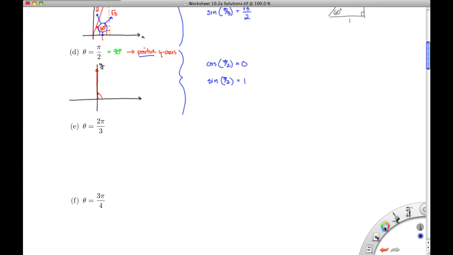Okay, part E. So we've got 2 pi over 3, which if we wanted to, we could convert into degrees, and we know that that's going to be 120 degrees. And when we sketch this, we realize that we're actually going to be in the second quadrant.